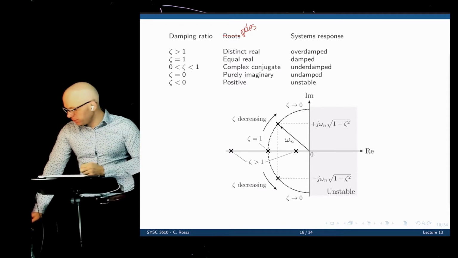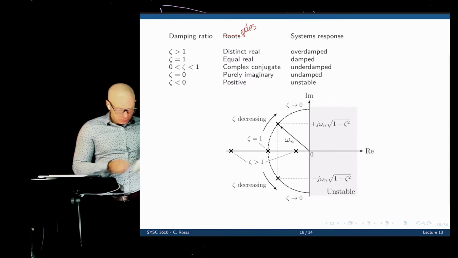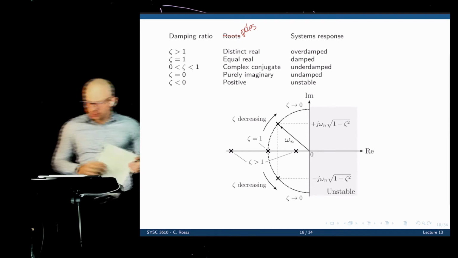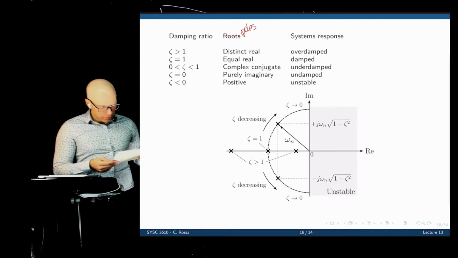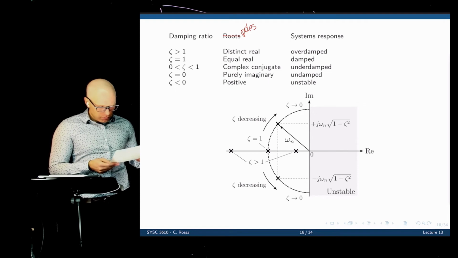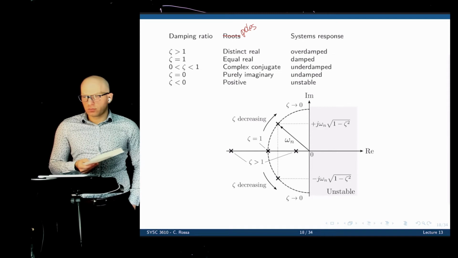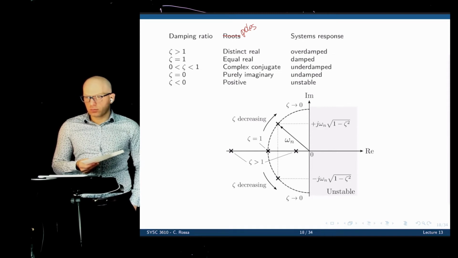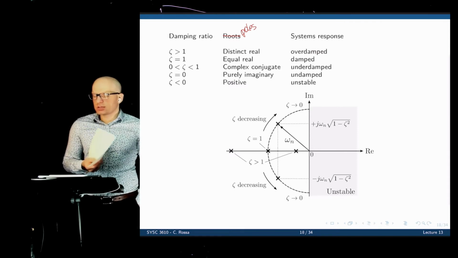Any questions? No? Yeah. Can we say that in the case zeta bigger than 1, the system is the most stable? So long as zeta is greater than 0, the system is stable.